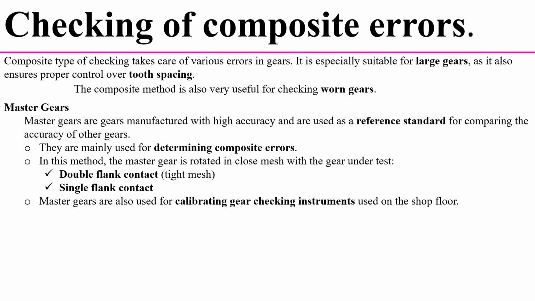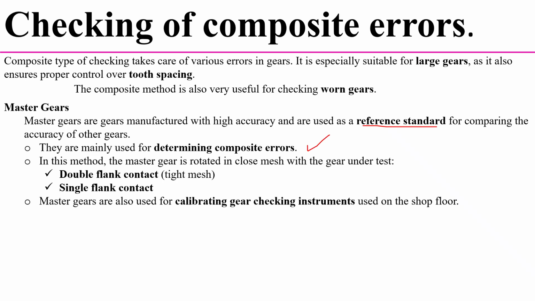So let's discuss the master gears. Master gears are gears manufactured with high accuracy and are used as a reference standard for comparing the accuracy of other gears. They are mainly used for determining composite errors.